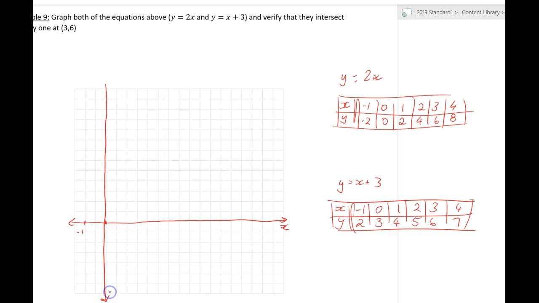There we go, look at that. And this is going to be 1, 2, 3, 4. Probably could have made that a little bigger, couldn't I? But it doesn't matter. That's where my x's go, and my y's need to go here. Call this negative 1, negative 2, right down as far as negative 2, that's good.